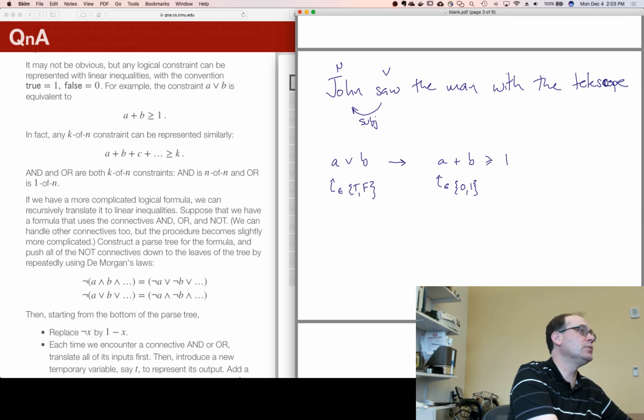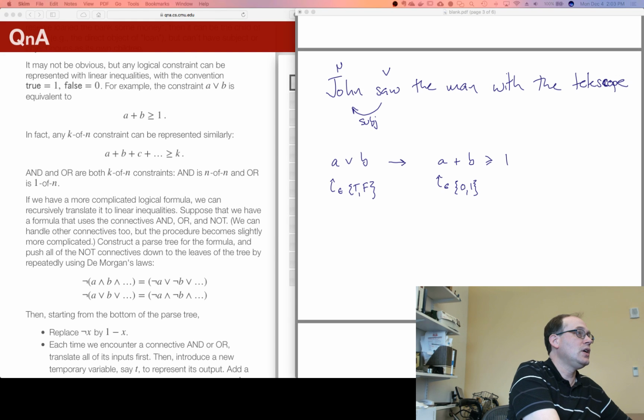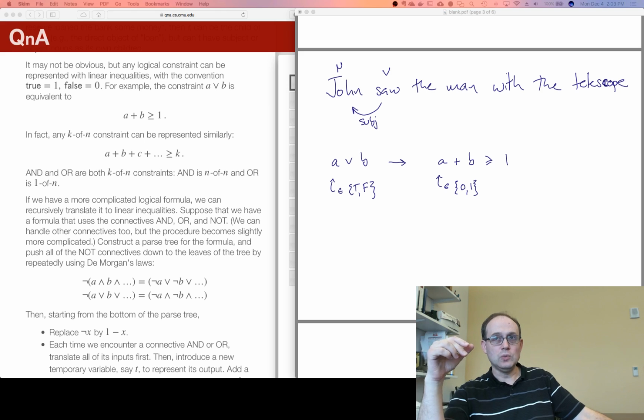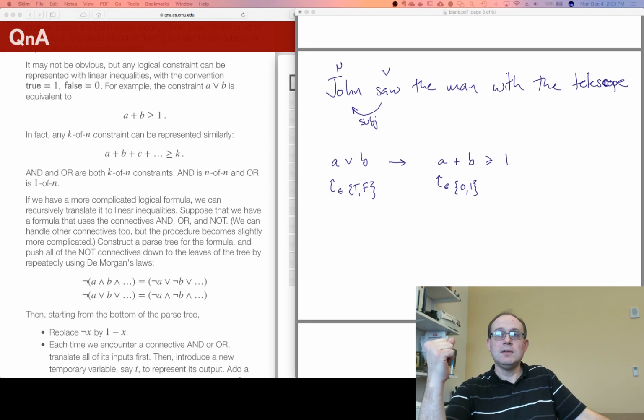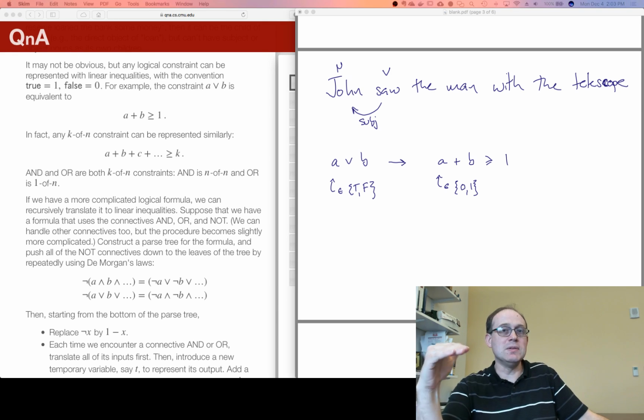There are some questions up here on Piazza. Somebody is asking, how can a SAT solver work given that SAT is NP complete? Excellent question. In fact, mixed integer programming is, at a minimum, NP complete. It's no easier than NP complete.